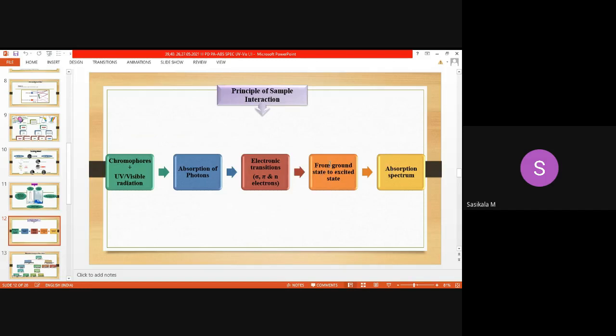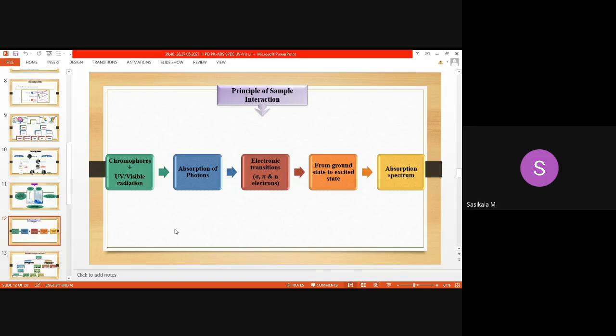How much radiation is absorbed to convert the electron from ground state to excited state is obtained from the absorption spectrum. We'll be interpreting the absorption spectrum to know which compound has absorbed and how much radiation has been absorbed by the chromophore, analyzed in nanometers. The maximum radiation absorbed by the chromophore is called lambda max.